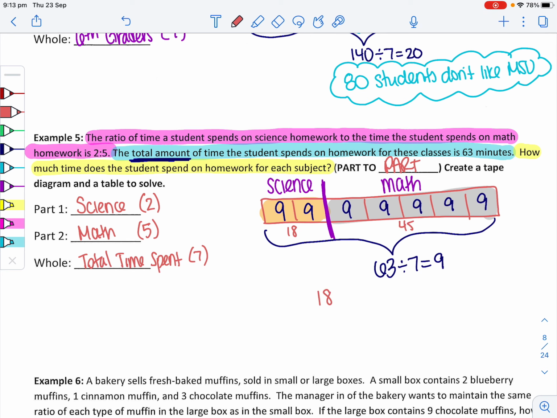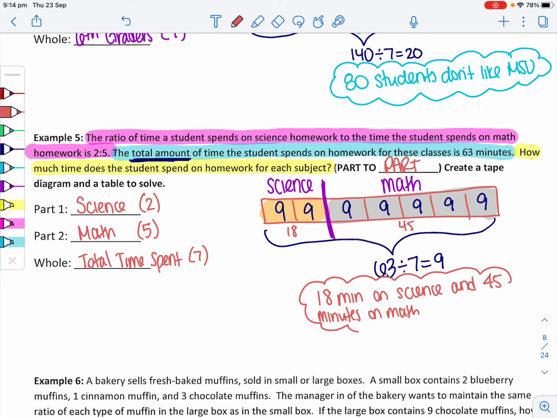So 18 minutes on science and 45 minutes on math. Okay, so this is a part to part where you are given the total amount and have to break that apart.